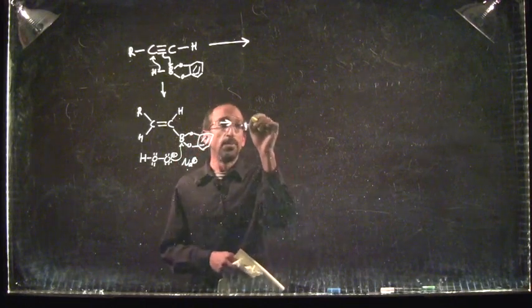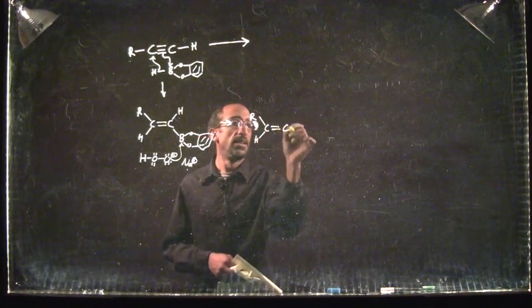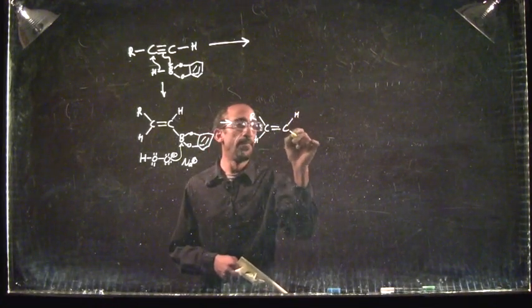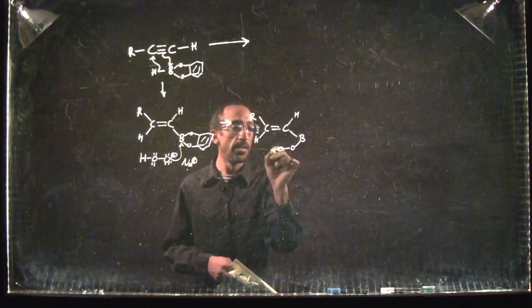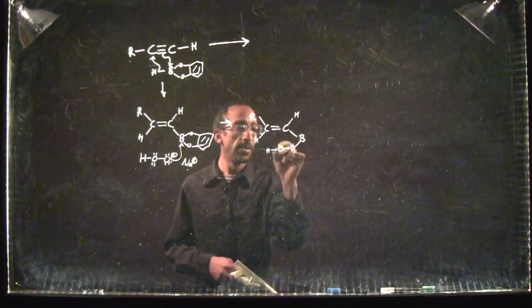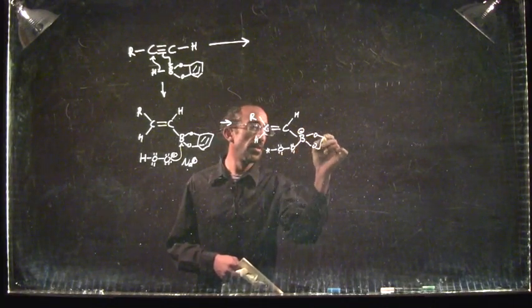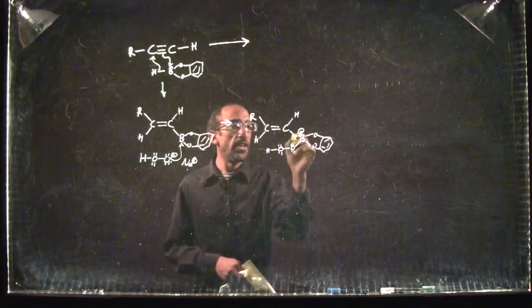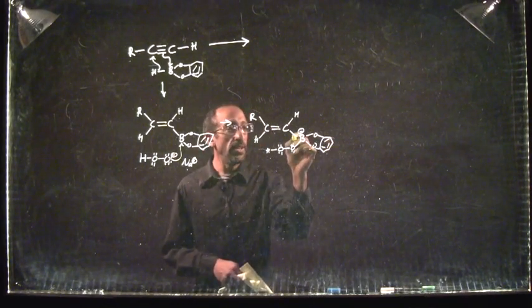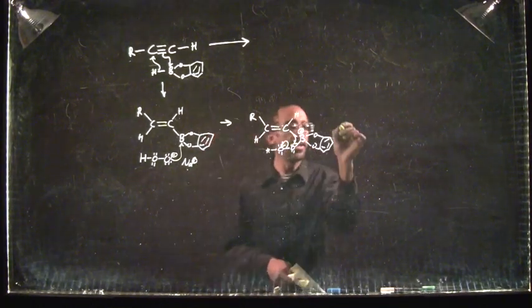Here now, we've generated that negatively charged boron, which undergoes a similar type rearrangement where the carbon group migrates to the oxygen, kicks out hydroxide.